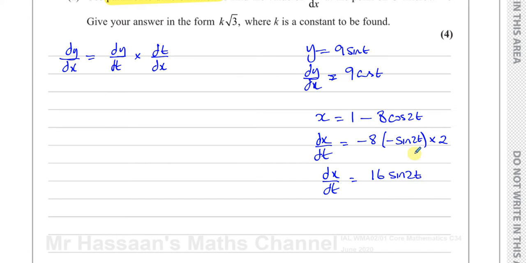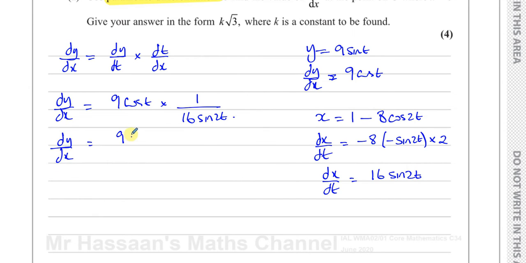That's using the chain rule. Now dy dx is going to be dy dt, which is 9 times the cosine of t, multiplied by 1 over 16 times the sine of 2t. So dy dx is 9 times the cosine of t over 16 times the sine of 2t.